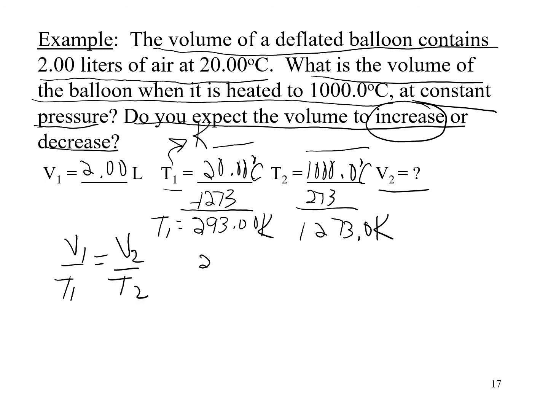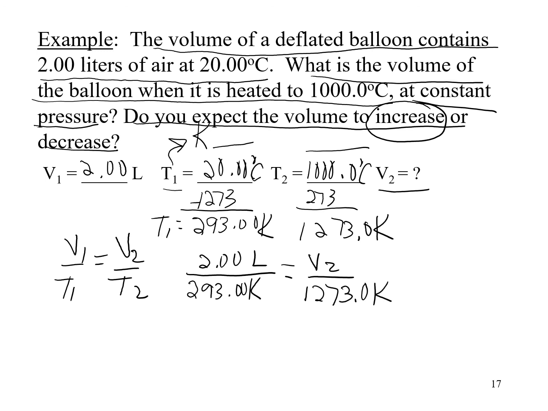So V1 is 2.00 liters, T1 is 293.0 K, and then V2 is our unknown, and T2 is 1273.0 K. Now to solve for V2, we're going to multiply both sides by 1273 K in order to cancel our units.